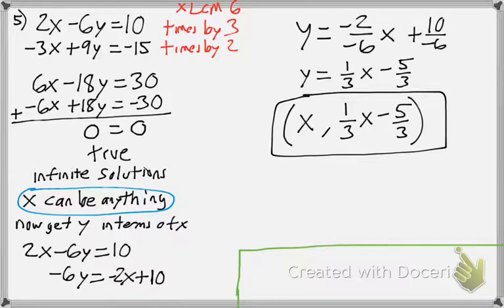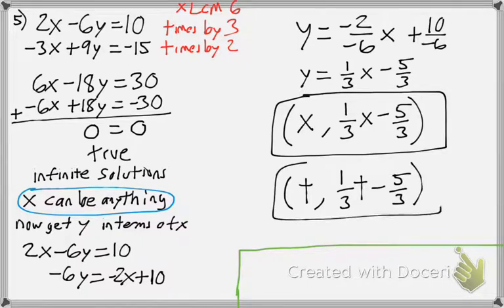Now sometimes on WebAssign they'll ask you to use x like this. Sometimes they'll ask you to use a different variable like t. So if they do that, then you can just copy your same answer, except use t instead of x.